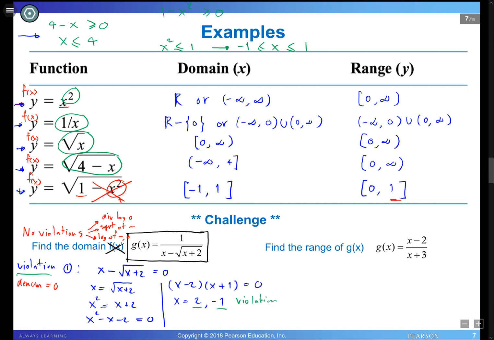But let's not conclude too quickly. First of all, let's check the values of x that you just solved, because some of them might not be correct. In the original equation, you have x equal to the square root of x plus 2.